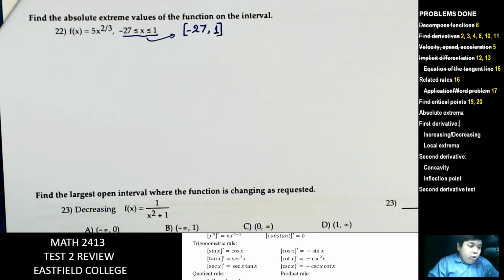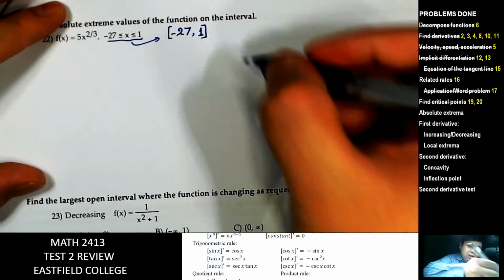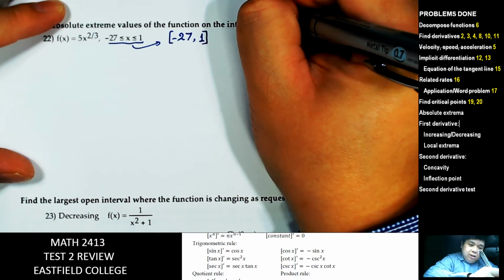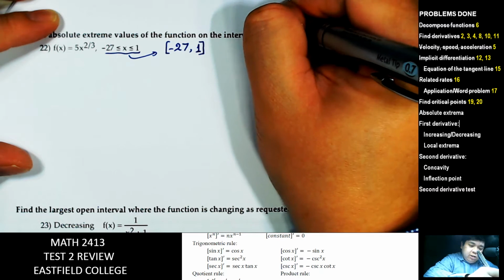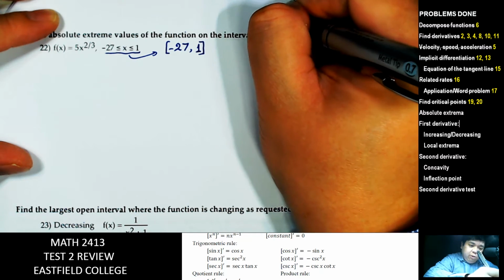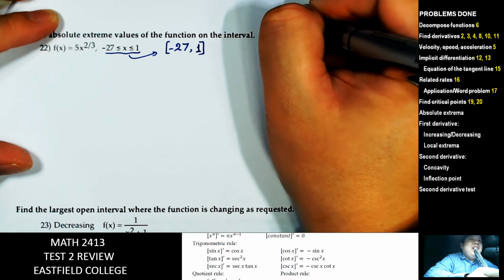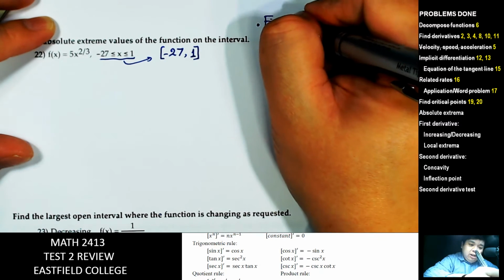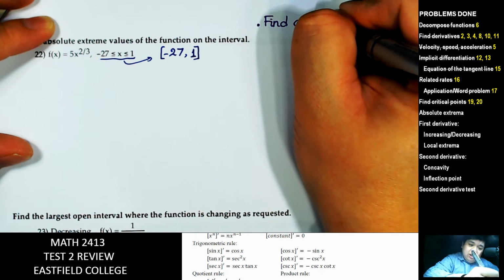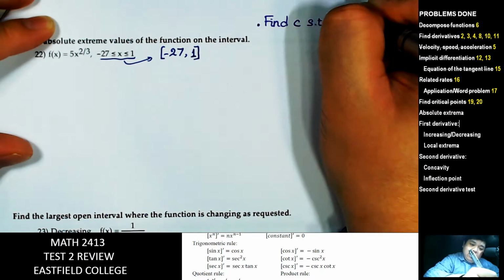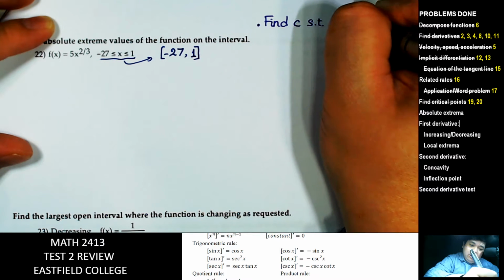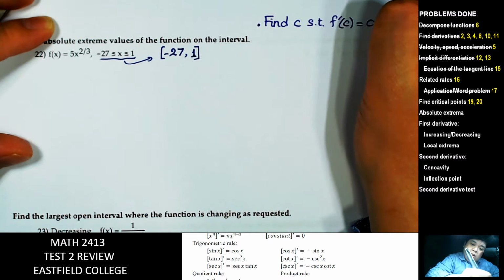Alright, so to do this problem, let me write out the steps. So first, find the critical point, but not really critical point. We just find c such that the derivative equals 0 or does not exist.